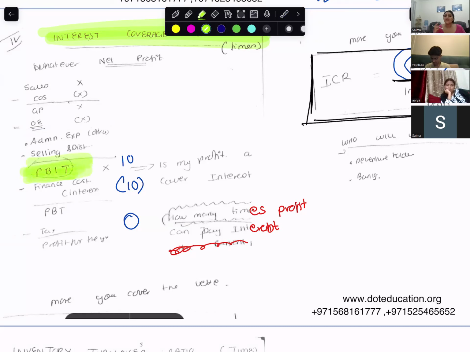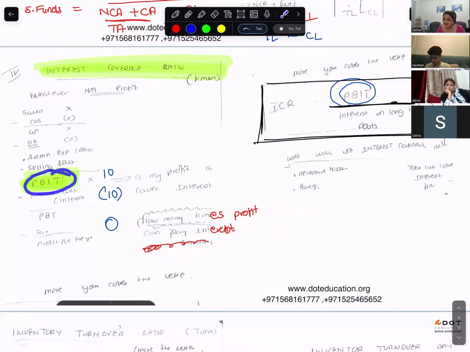So when you are doing your interest coverage ratio, you are going to use which profit? Profit before interest and tax divided by your interest on long-term debts. With me? Yes, miss. From your PBIT, when you minus your finance cost, which contains your interest charges, you get your profit before tax.